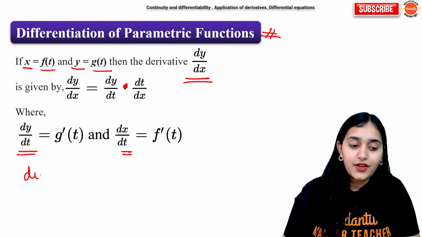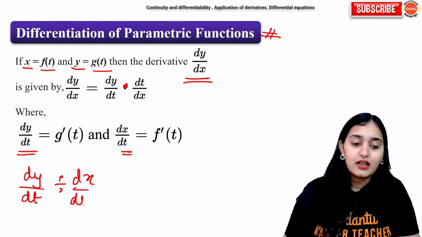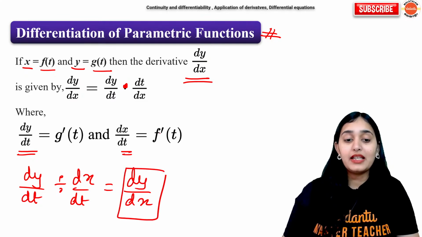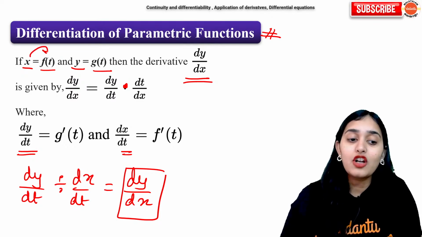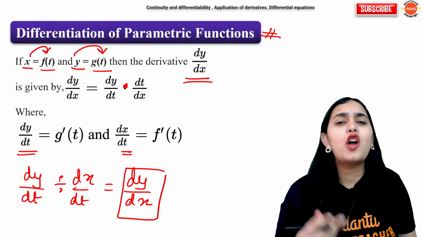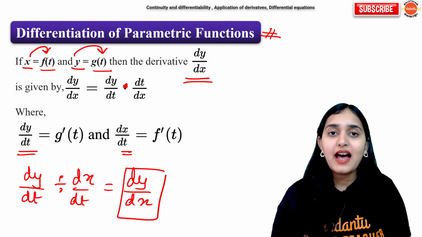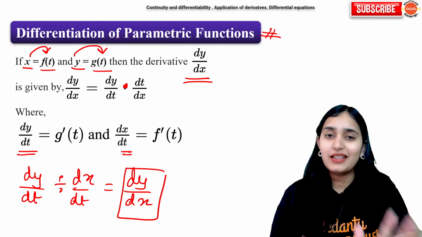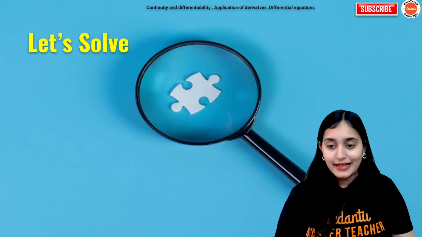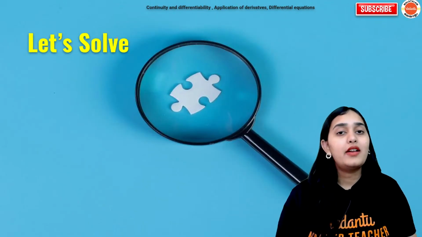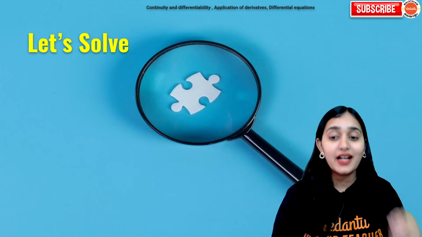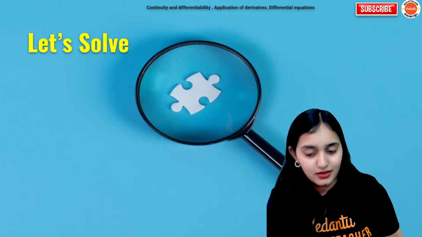Like this we can get dy by dx when x is a function of t and y is a function of t, and not just t. They can be functions of theta, z, or anything like that. Alright, so these are the concepts which are important for you, and these are the concepts which are going to come in the exam from continuity and differentiability.